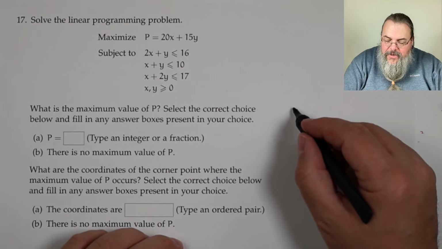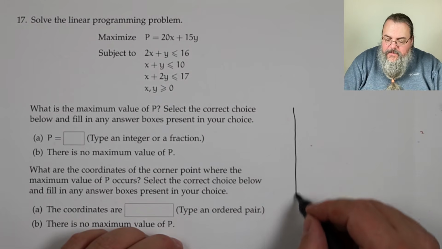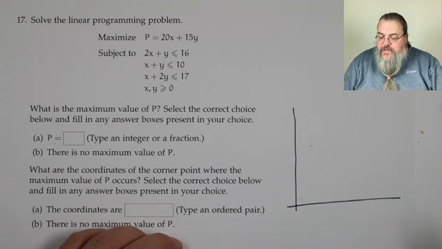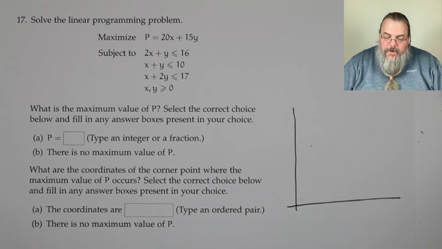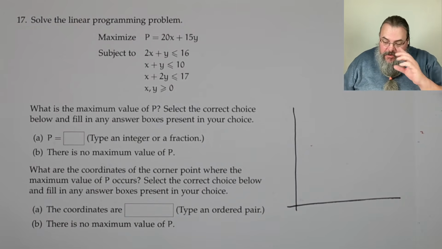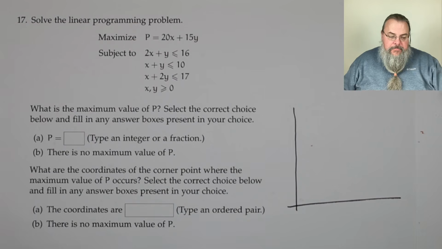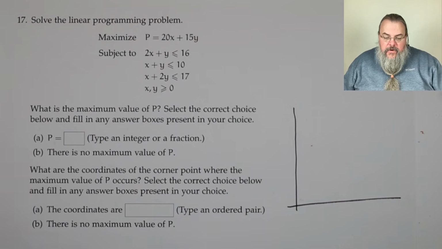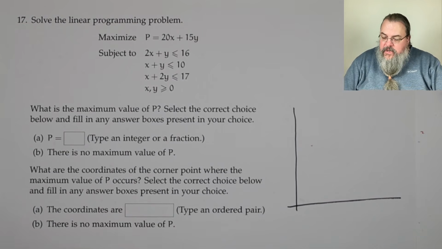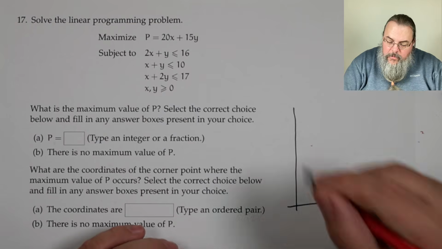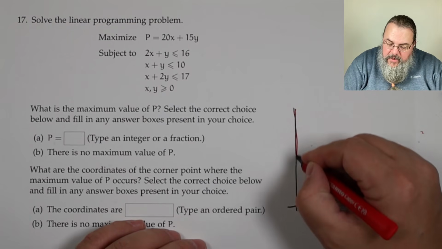And as soon as you add more constraints, you have to be a little bit more careful with your picture, especially since they didn't actually give us something to work with. So let's make sure we're being careful with our picture here. All right, so we have our x is greater than or equal to 0 and our y is greater than or equal to 0. And so we're used to that, hopefully by now.